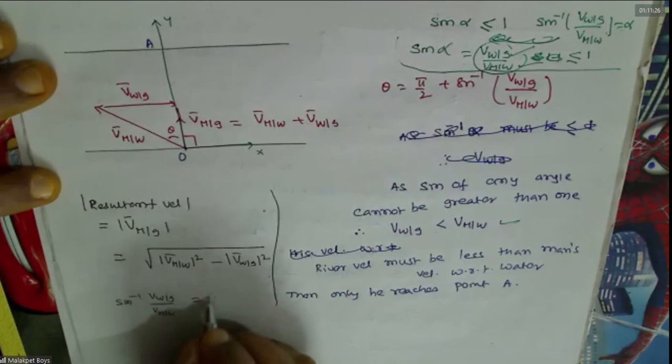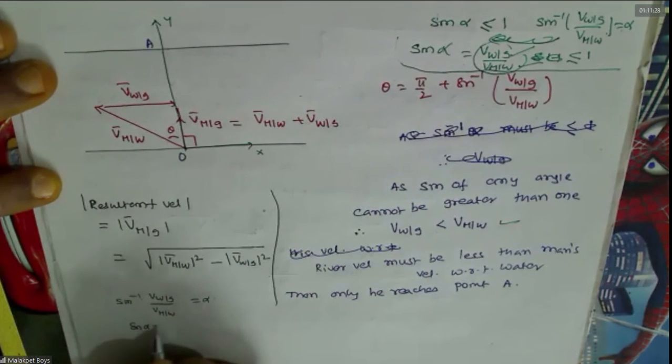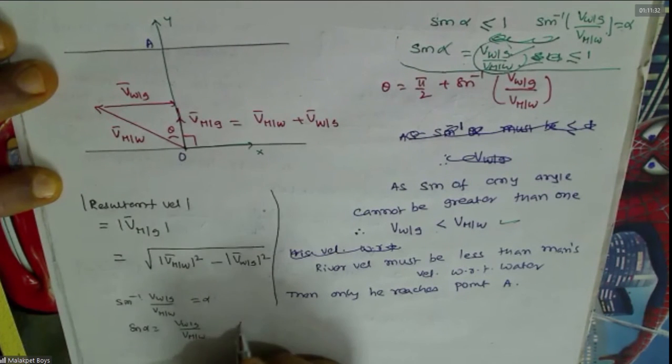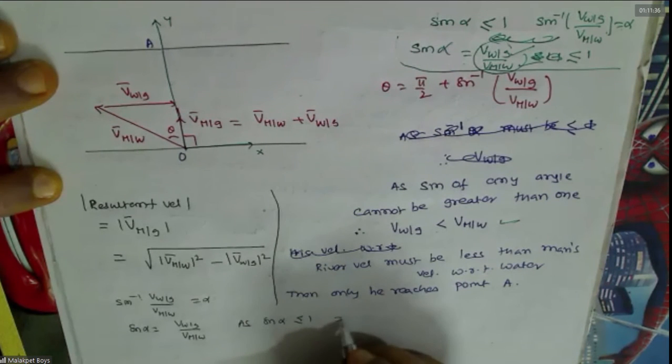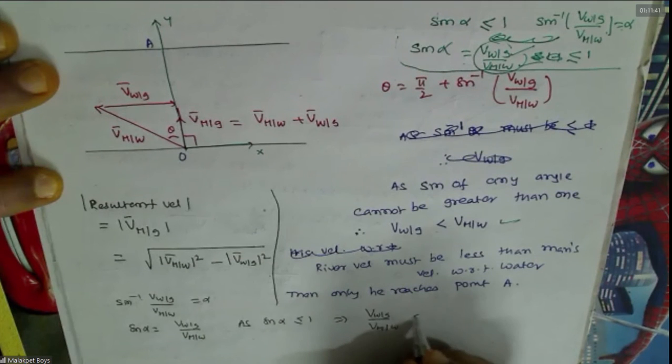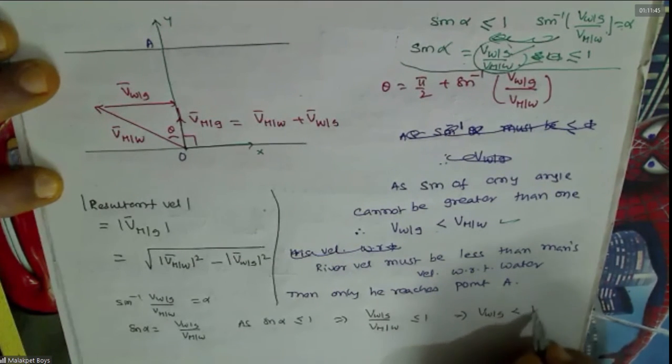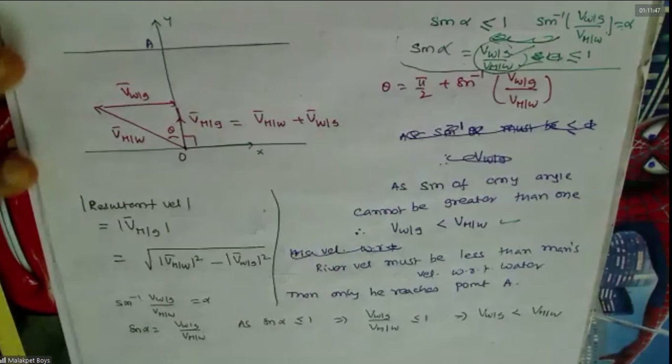Let it be some alpha. Then what does sine alpha mean? Now, as sine of anything should be less than or equal to 1, this implies this should be less, so that means, agreed.